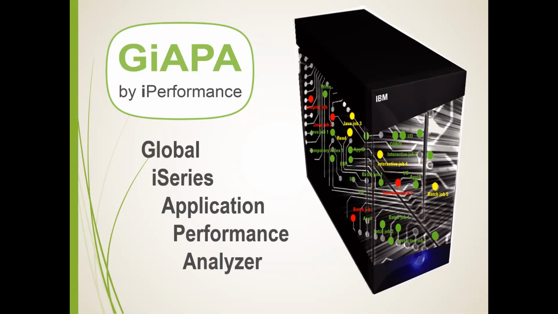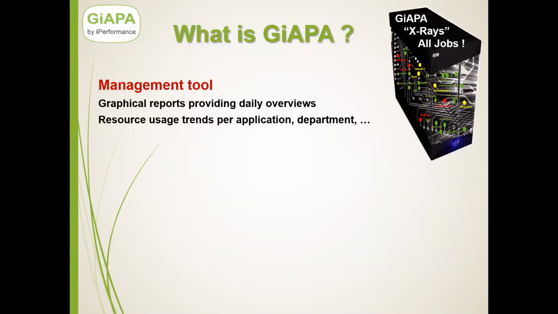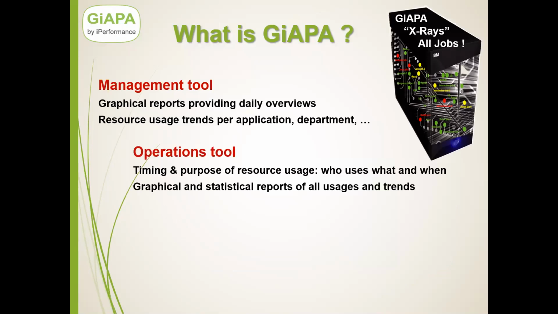It's called Global iSeries Application Performance Analyzer. iSeries is now IBM i, something running under IBM i, but we don't change the name because of that. This tool enables management, operations, and development to follow up on virtually everything that runs on an IBM i.